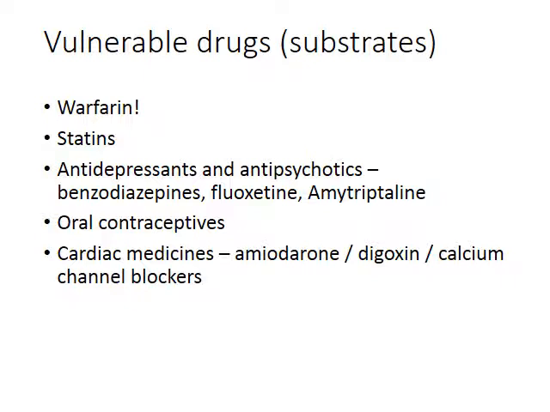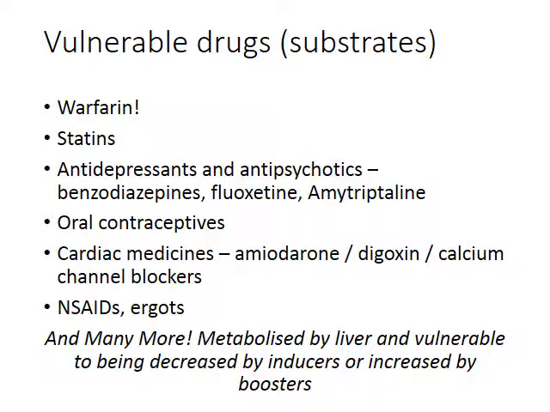Many of our cardiac medicines, amiodarone, a very famous vulnerable drug, as well as digoxin and our calcium channel blockers. Lesser known and sometimes forgotten about are our enzymes. It probably causes less of an issue because we use it for such short periods of time, and many, many more. So this is by no means an exhaustive list. But these are the ones that we need to be very much aware of.